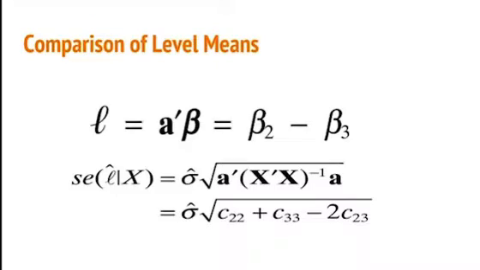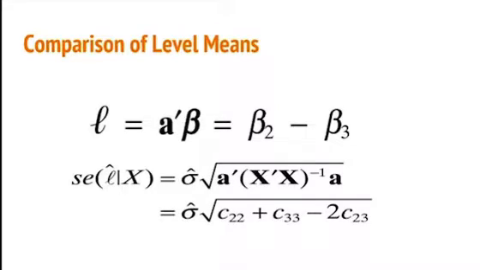That is the reason why we need a standard error of our estimator given L. That standard error is sigma cap, the residual standard error, times the square root of A prime (X prime X) inverse A.